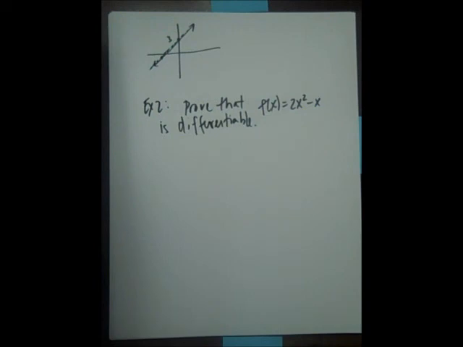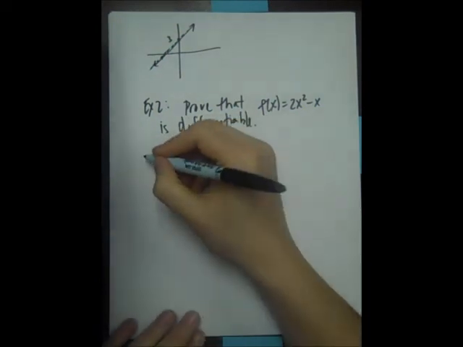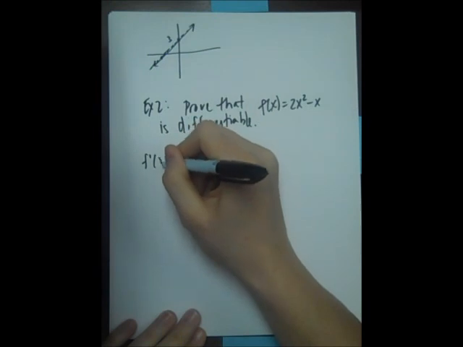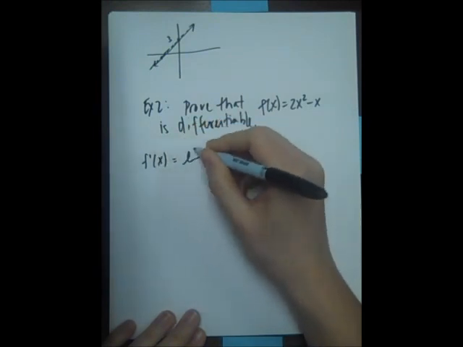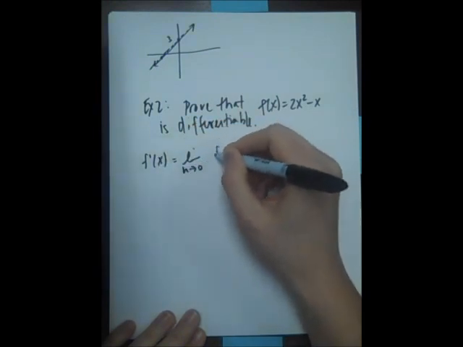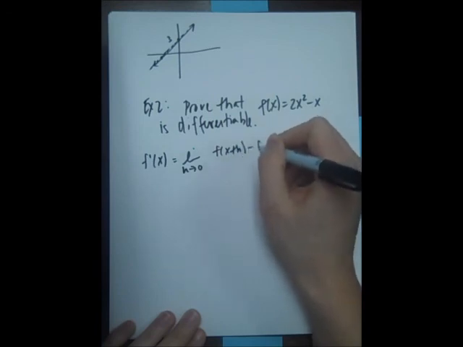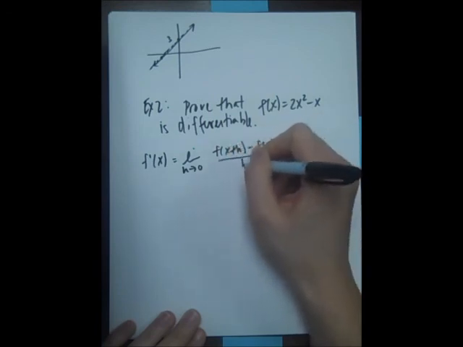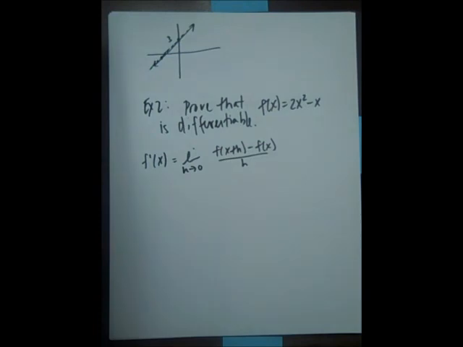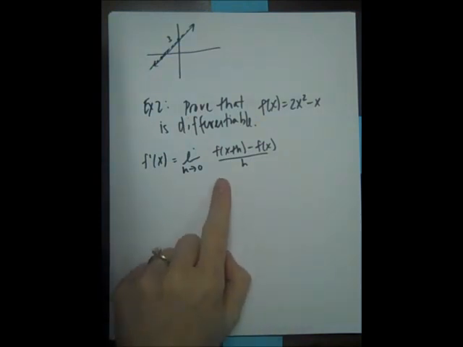So we're going to find the derivative, that'll prove that it's differentiable. So let's find the derivative. So f prime of x is the limit as h approaches 0 of f of x plus h minus f of x all over h. Again, until we learn different rules, this is the definition of derivative that we're going to use.